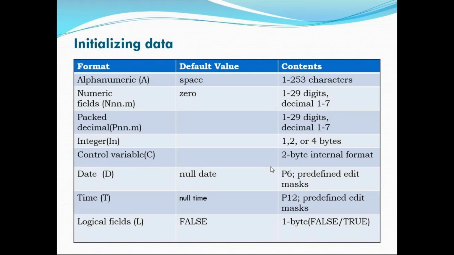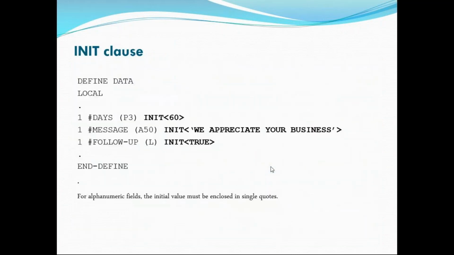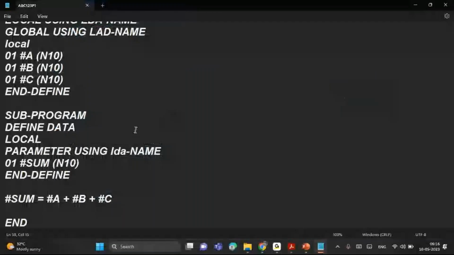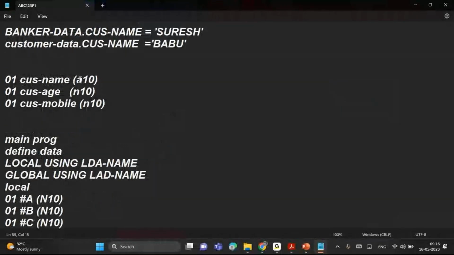Now these are the main data types available. The first one is alphanumeric, which is A. In my example you might have seen that. Here A is alphanumeric and N is numeric.